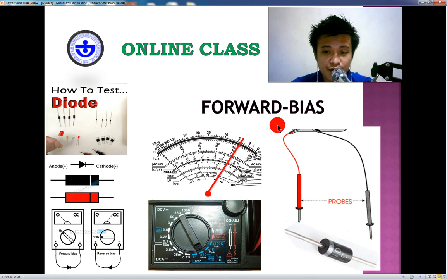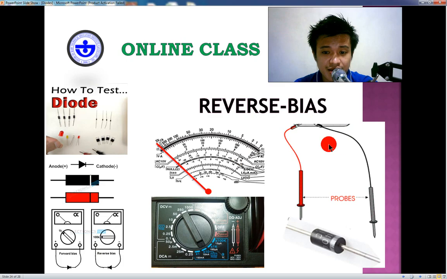So in forward bias, there will be a reading of low but not zero. But in reverse bias, there must be no connection from this leg towards this leg. That's why your needle pointer will just stay exactly on the infinity side. It does not move at all. So you have to bear that in mind. Okay? And in that case, the condition of your diode is good. I hope this is clear.